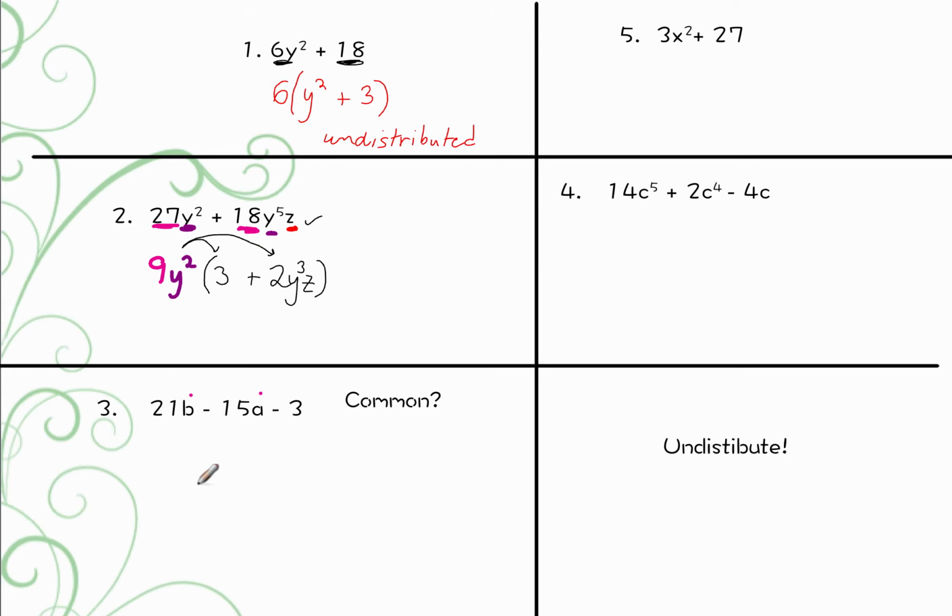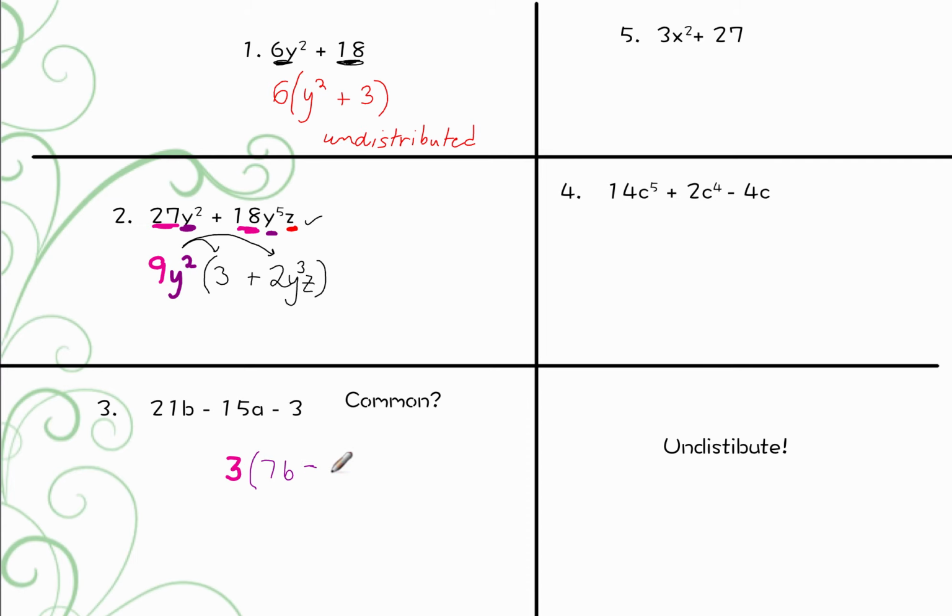So all I have to do is look at what was distributed to a 21, a 15, and a 3. And it was the number 3. So 3 times 7 is how I got the 21, and there's still a b there. So 3 times 7b is 21b, minus sign.